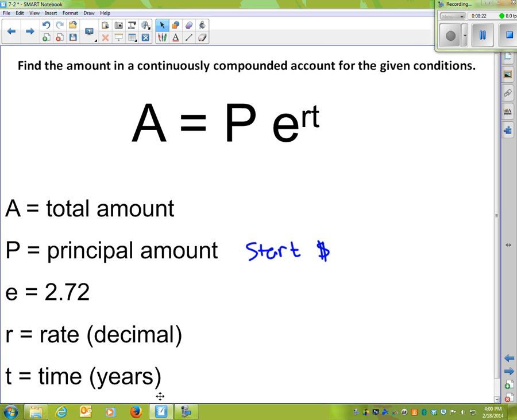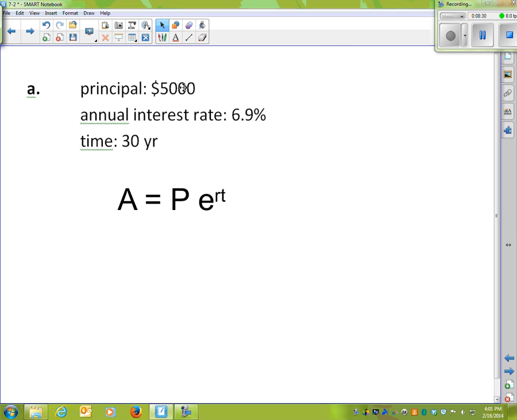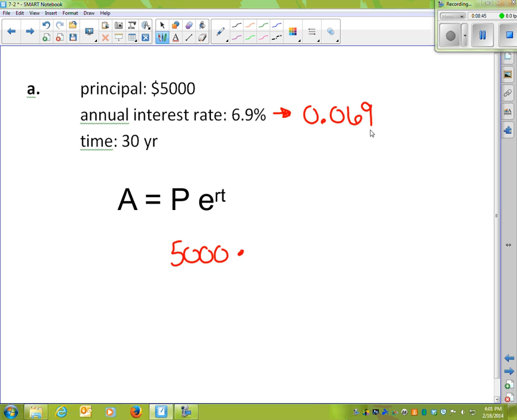So they're going to give us all the information we need, and we'll just plug it into the formula and calculate. If you have the principal amount of $5,000, an annual interest rate of 6.9%, changing that to decimal would be 0.069, and a time of 30 years, so 5,000 times e raised to the 0.069 times 30.